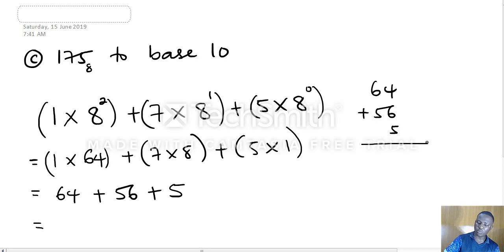So this becomes 5, 10, 15, 5 carry 1, and this is 12. So therefore, this is 125 base 10. So in converting from base 8 to base 10, you use the expanded method and then you simplify.